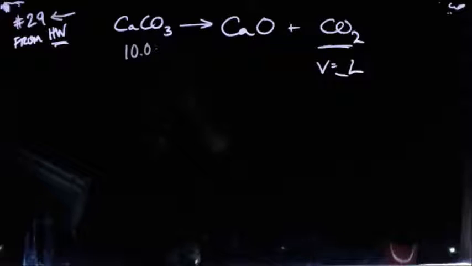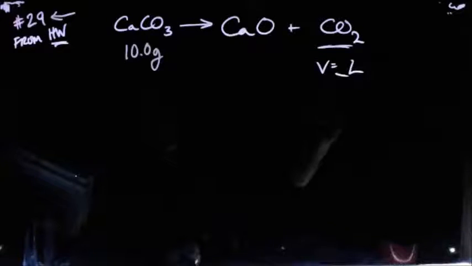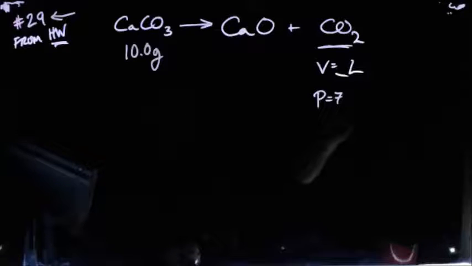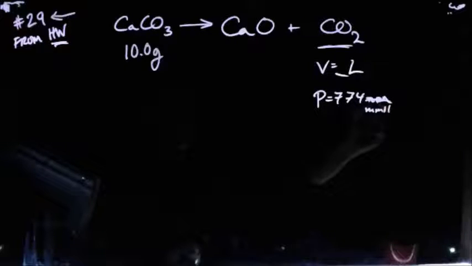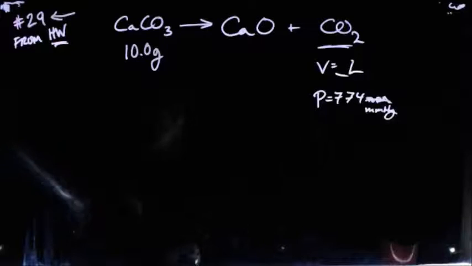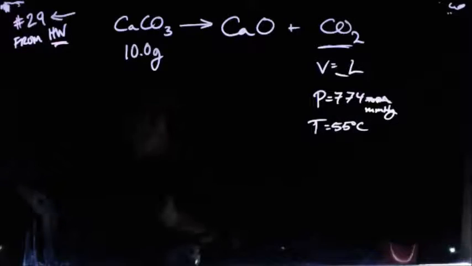So 10.0 grams of calcium carbonate, and the CO2 that I'm collecting is going to be at a pressure of 774 torr, which is just another name for millimeters of mercury, kind of antiquated, but it sneaks its way into our vernacular. And 55 degrees Celsius, so that's temperature, is 55 degrees Celsius.